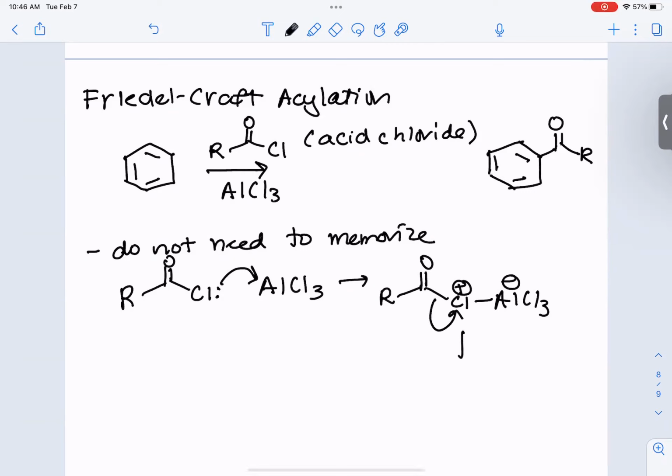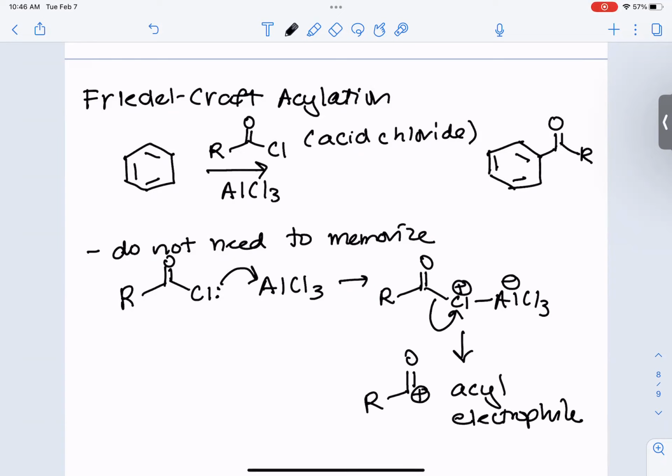You break that bond, and you get your acyl electrophile. Okay. Same chemistry that we did. So again, this is just E positive. Okay, that's the same electrophile.